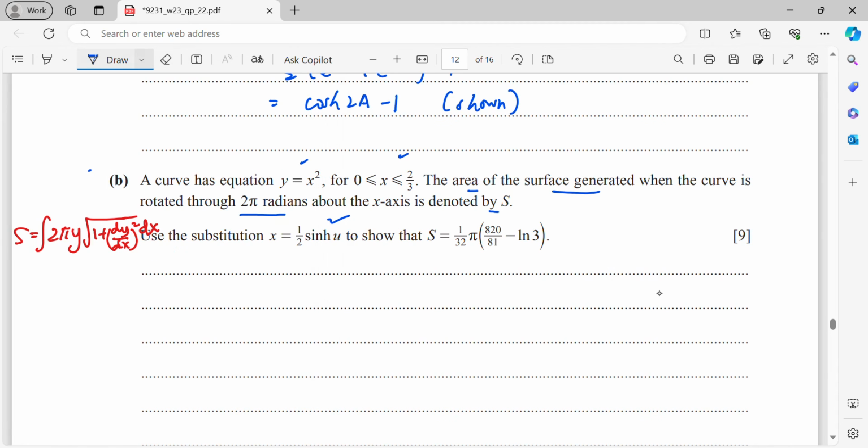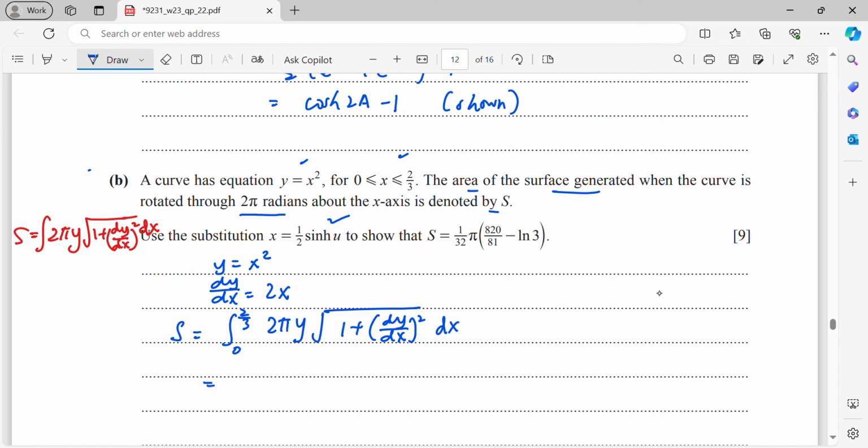So from here I will write y equals x squared. So my dy/dx is, oh sorry, my dy/dx is 2x. Okay, so now my s is the integral from 0 to 3 over 2 of 2 pi y times the square root of 1 plus (dy/dx) squared.